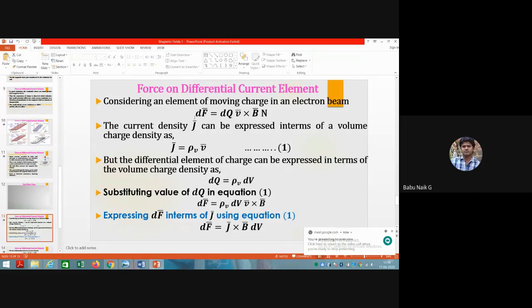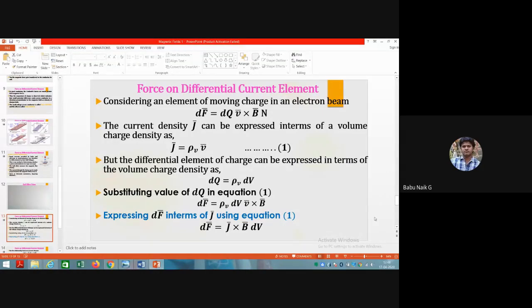With that, the differential force can be calculated, which equals the previous equation we are considering now. So dF = dq (v × B), which is the force, measured in Newtons.